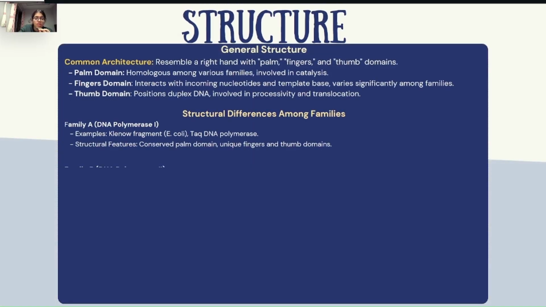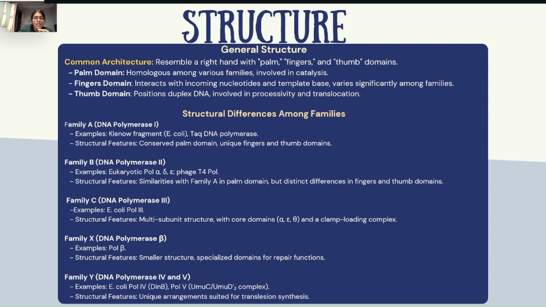Talking about the structure, all the DNA polymerases have a common or general structure, which resembles our right hand with palm, fingers, and thumb. So talking about the palm domain, this domain is involved in the catalysis and is conserved across various families of DNA polymerases.